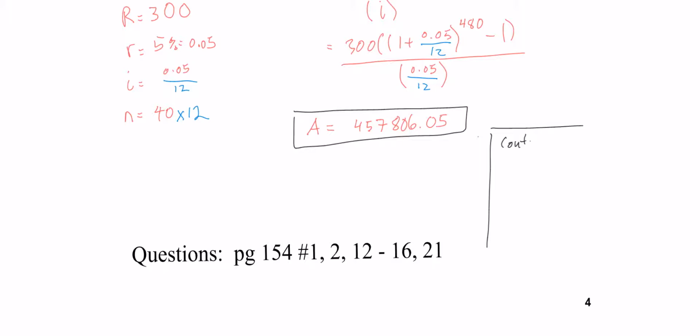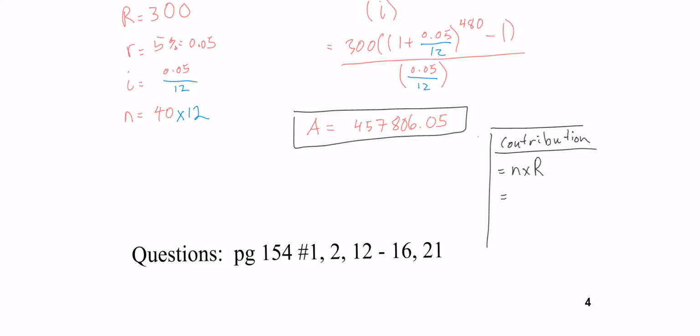If I wanted to find out the total contributions that I put into my funds, what I would do is I would say that is equal to n times the big R value.